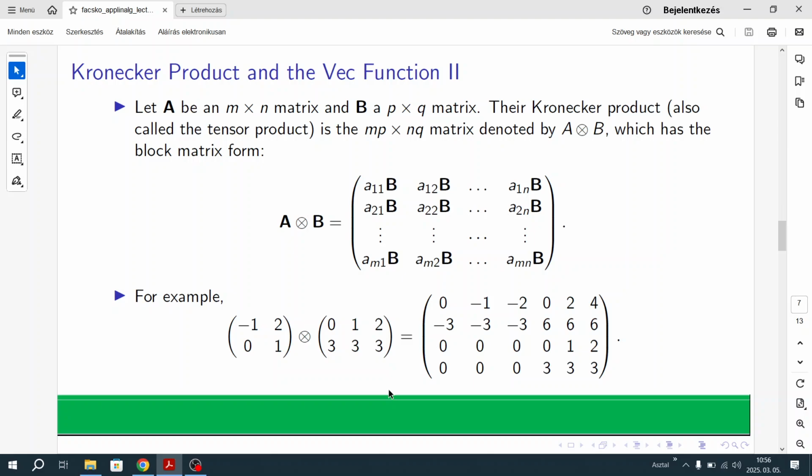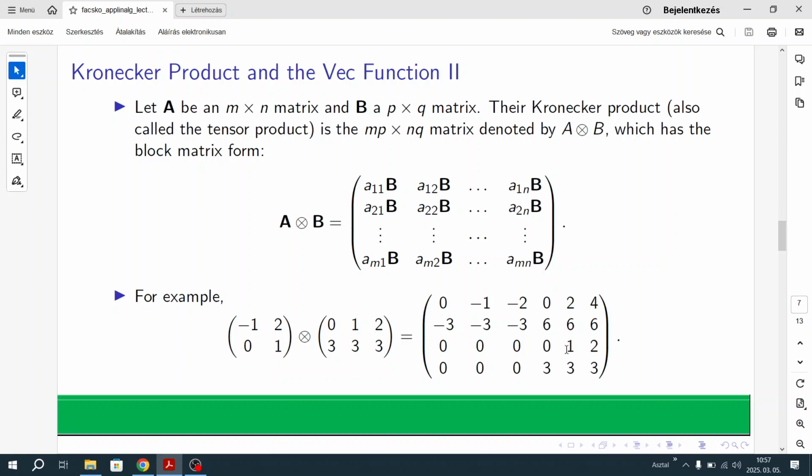We have these two small matrices, and you take the second matrix like a block here. You can see this is the second matrix just multiplied by -1. This is the second matrix multiplied by 2, 0, that's easy, and it's the second matrix. This is a new operation.